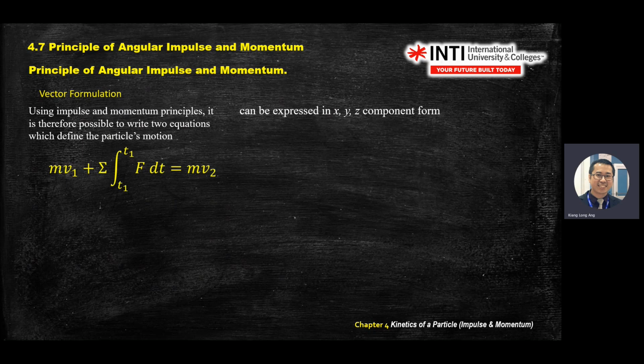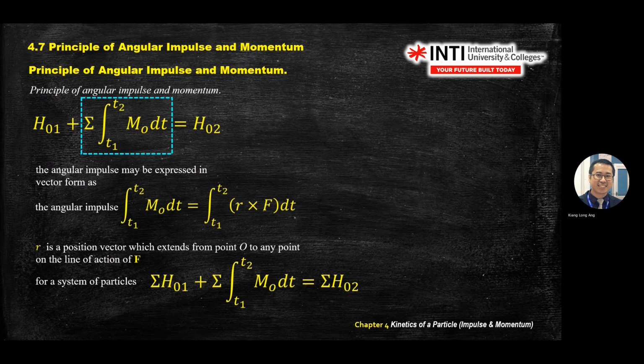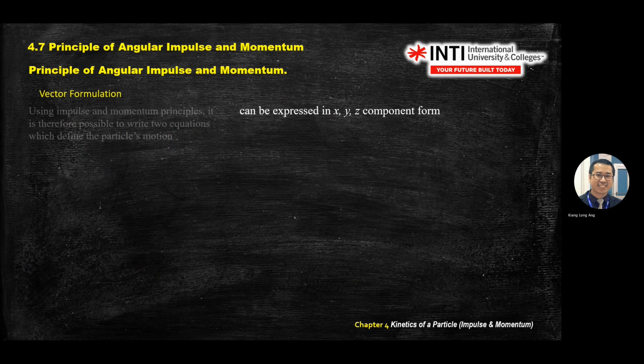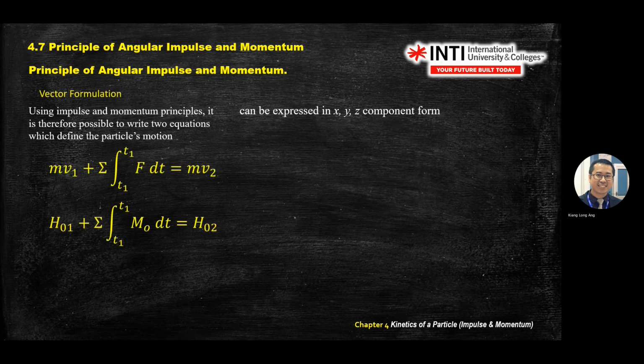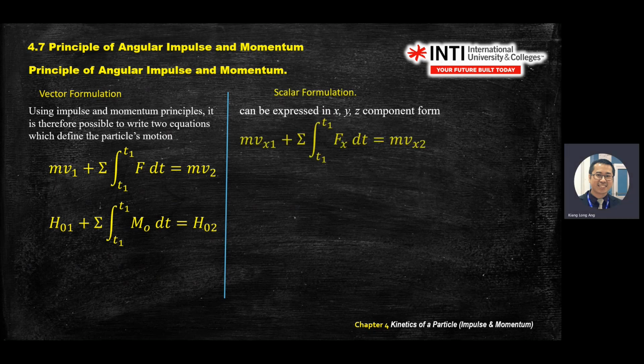So in vector form, just now, mv, this is in vector form. All the momentum is vector, all the force is vector. So you can write the first one is linear impulse and momentum, the principle of linear impulse and momentum, right?